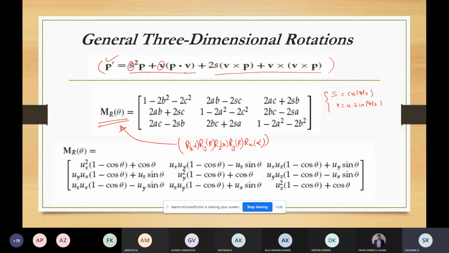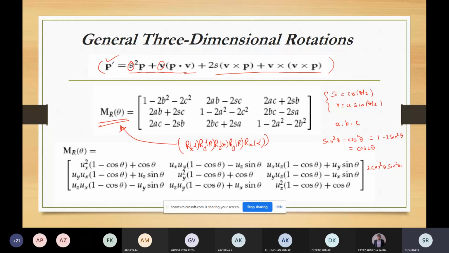This equation can be reduced by using the values of a, b, c in this MR of theta, and also following some trigonometric formulas like sine square theta minus cos square theta is equal to 1 minus 2 sine square theta is equal to cos 2 theta, and 2 cos theta sine theta is equal to sine 2 theta.